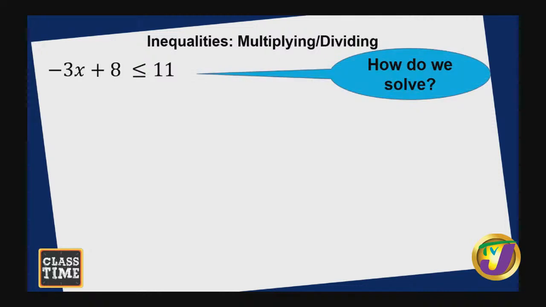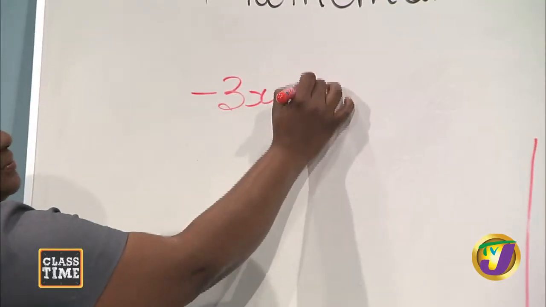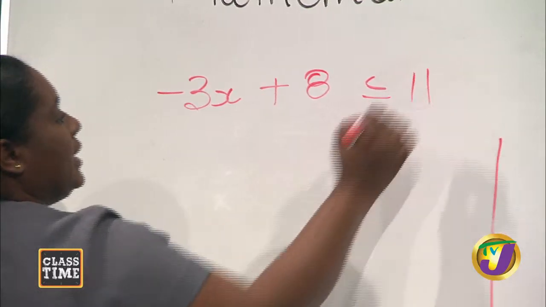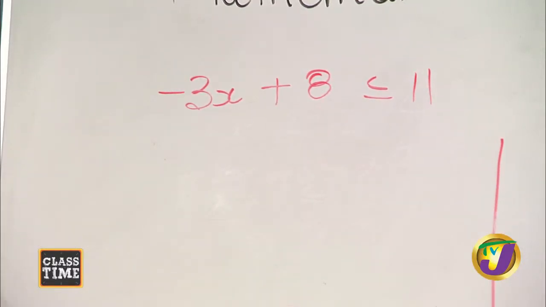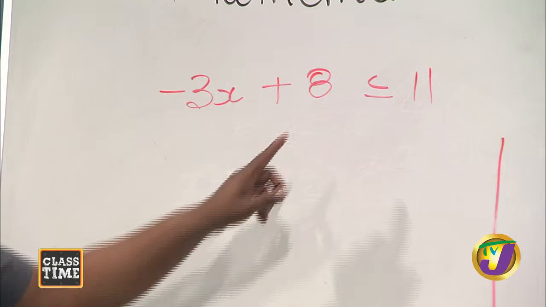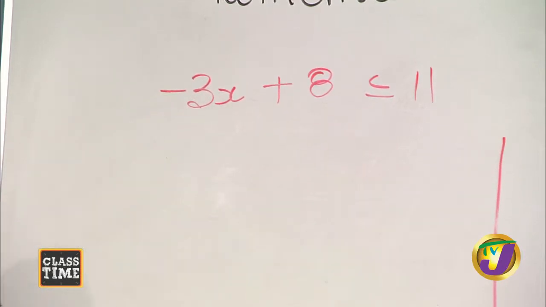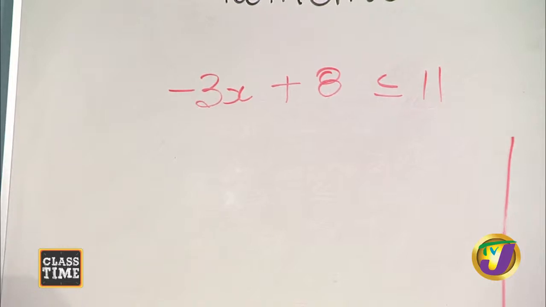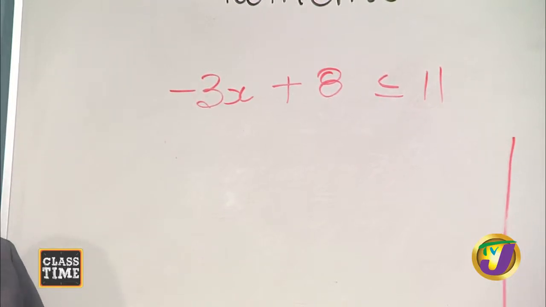We are still holding firm to what we did earlier. I hope that you are observing the inequality sign that's there, and you're also thinking about what the number line would look like. Is it that we're going to be working with an open dot or a closed dot?